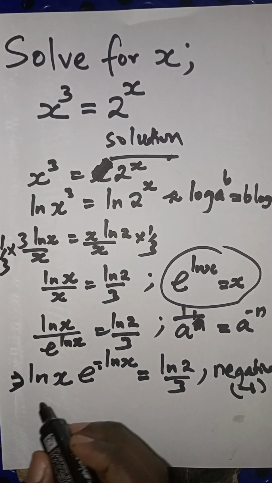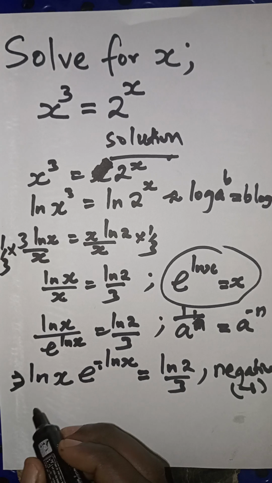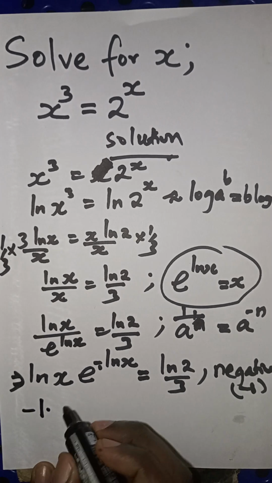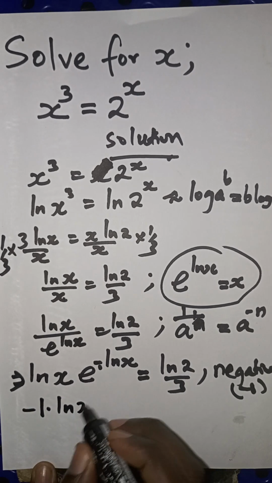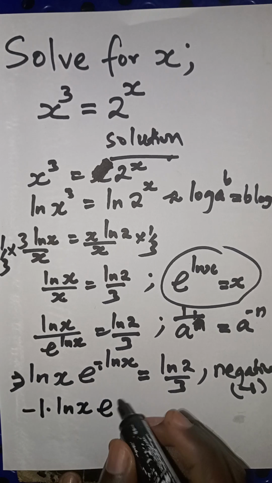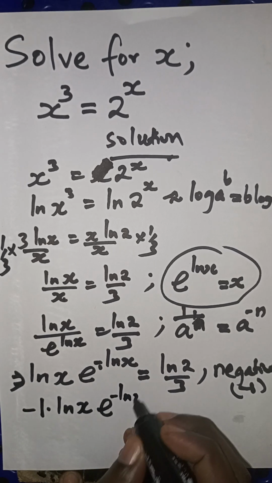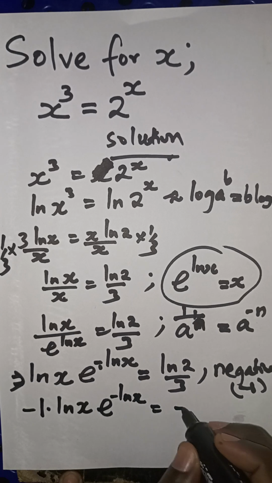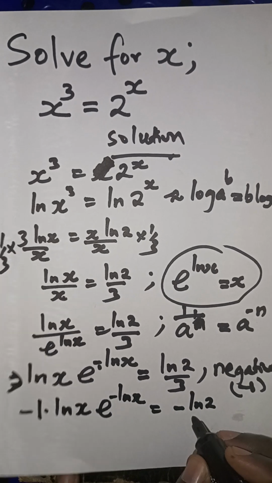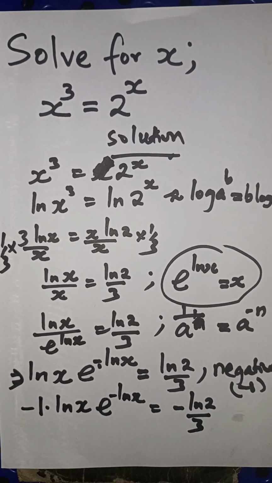So I multiply both sides by -1, so that I have -1 multiplied by the natural log of x, times the exponential of negative natural log of x, is equal to negative of the natural log of 2 divided by 3.